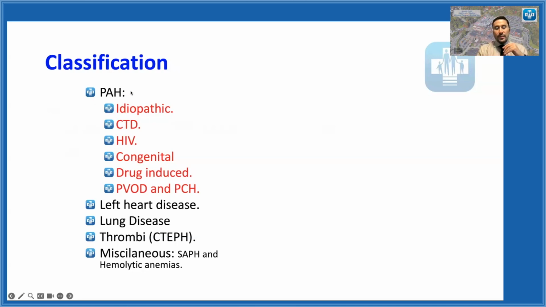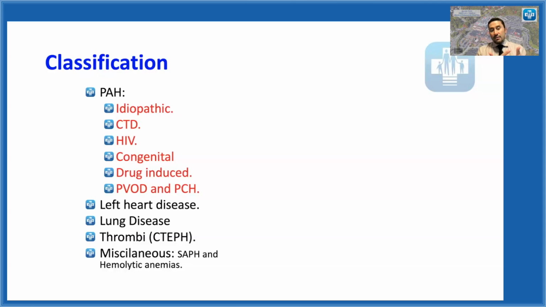Group 1 is basically the conditions that result in precapillary involvement of the pulmonary arterioles, and it can be idiopathic, but I generally recommend that a lot of patients with an underlying autoimmune disease or connective tissue disease get screened for the presence of any elevation of pulmonary pressures.